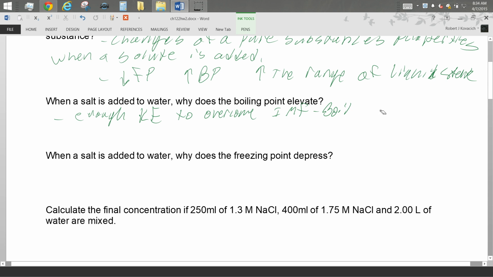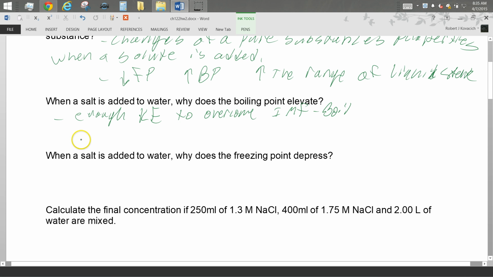So what happens when I add this solute? It takes some more energy. The intermolecular forces are now stronger than they were before.